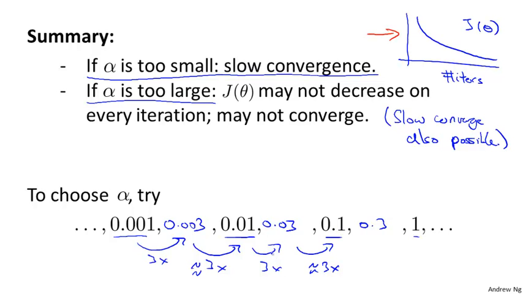What I'll do is try a range of values until I've found one value that's too small and one value that's too large, and then I try to pick the largest possible value, or just something slightly smaller than the largest reasonable value that I found. And when I do that, usually this gives me a good learning rate for my problem. And if you do this too, hopefully you'll be able to choose a good learning rate for your implementation of gradient descent.